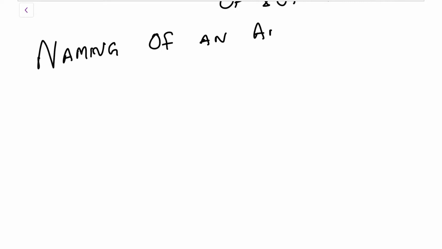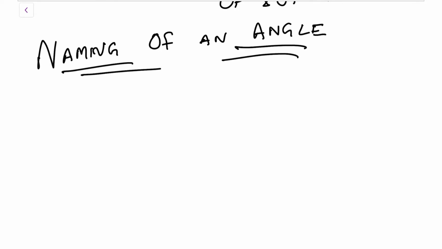Now let's look at naming of an angle. Let's consider this. EP is your ray and ET is your ray. When the 2 rays meet at one point, the same starting point E, they form an angle. How many angles are there here?